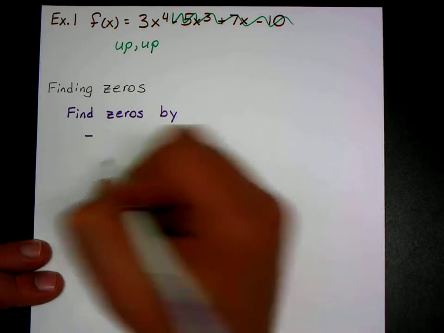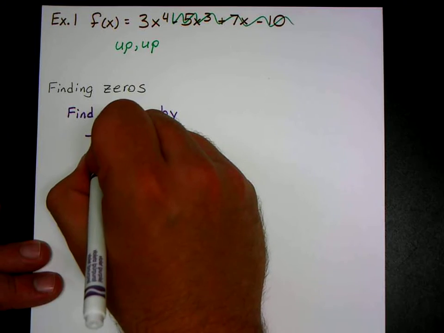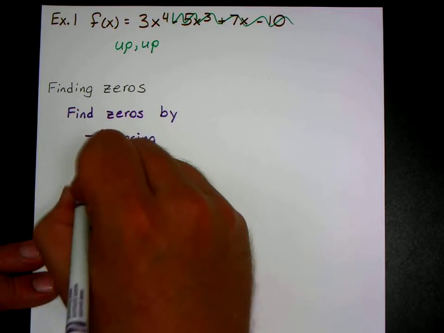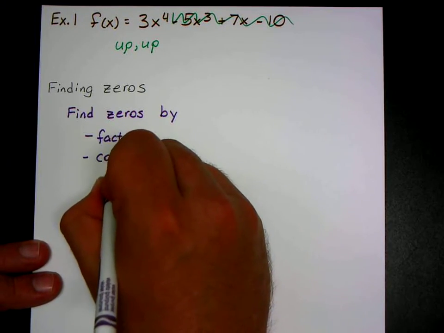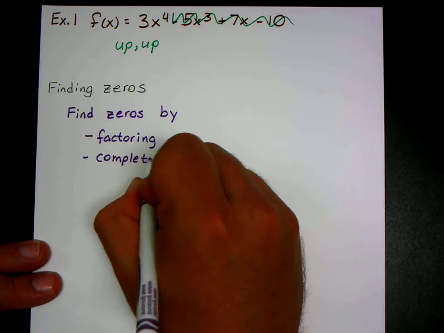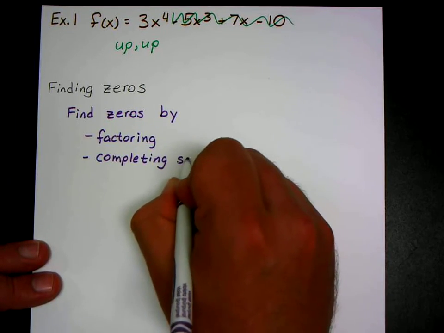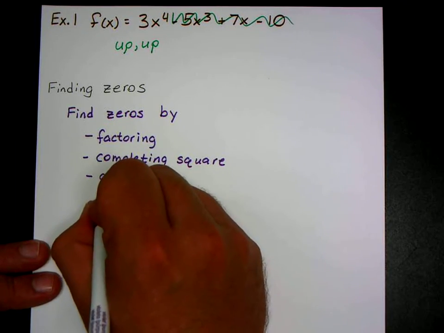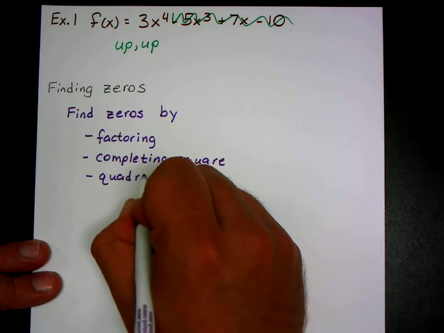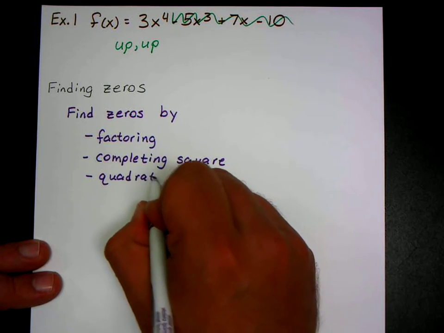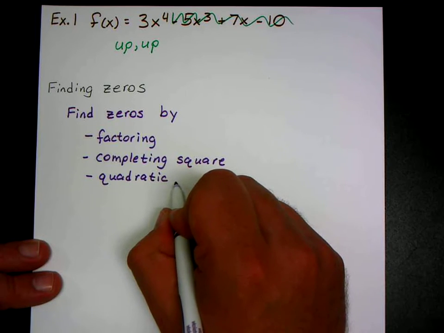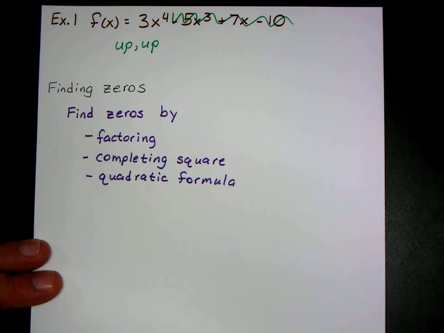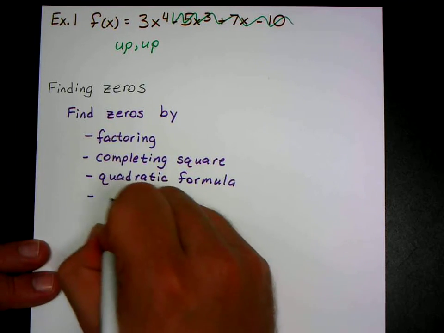So we can find zeros by doing things such as factoring. Completing the square. Quadratic formula, which is really just completing the square. I don't think I ever showed you that. Simply solving for x.